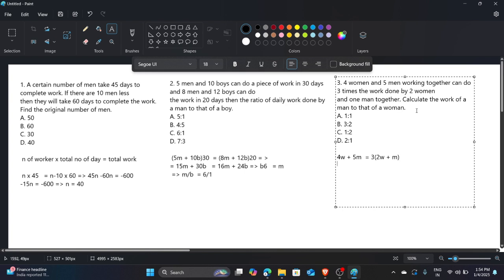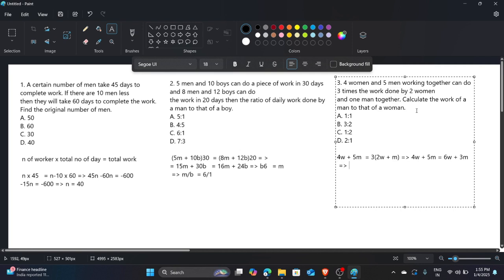Now we just have to simplify this equation. So the 4 women plus 5 men equals, the 3 twos are 6, so 6 women plus 3 men.